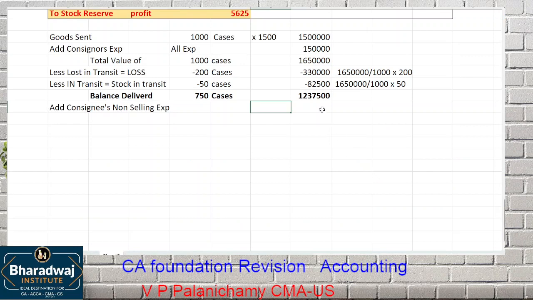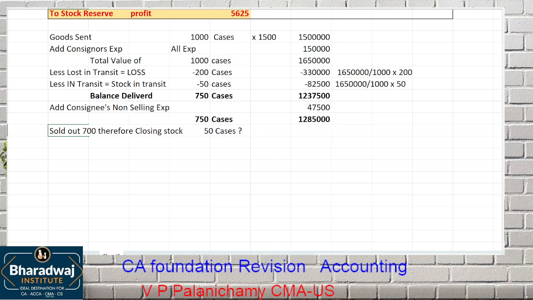No, they are selling expenses. Only 47,500 will be included. So for 750 cases, what is the total value? Sold out, how much? 700. Therefore, closing stock is? How many cases of closing stock? 50 cases, what is the value? 12,85,000.